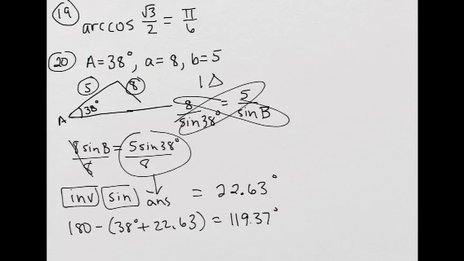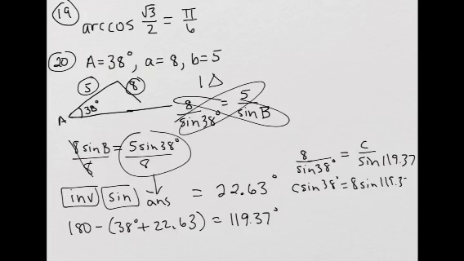Okay, and so all we're missing now is, because we have the two angles, we're missing side C. So use the given information to find side C. So 8 and 38 were given, right? So use that ratio, equals C over sine 119.37. Okay, so you're going to get C sine 38 equals 8 sine 119.37.